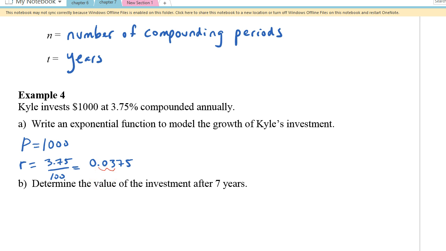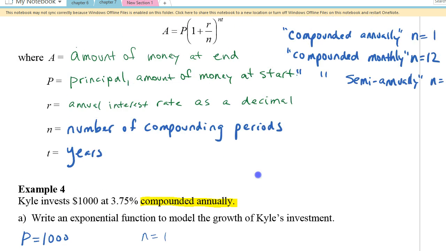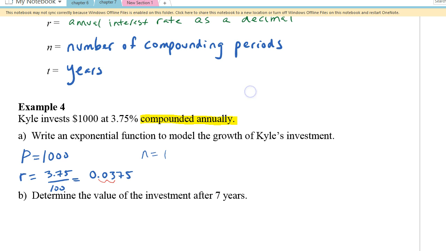Okay. What else do we have here? The compounded annually. Compounded annually means that it's going to be once a year, so I can say here that n is going to be equal to 1. So let's write our formula. We got A is equal to P times 1 plus R over N, all to the power of NT.